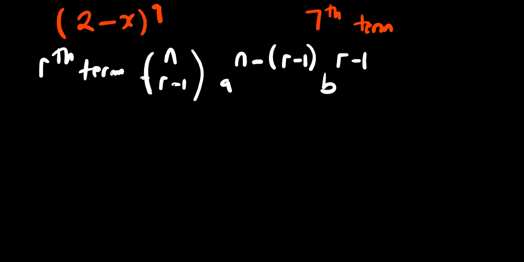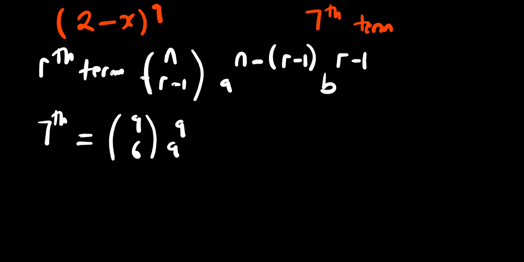Now we're talking about the 7th term, so our power n is 9, and r is 7, that's the term number that we want. So 7 minus 1 will just give us a 6.